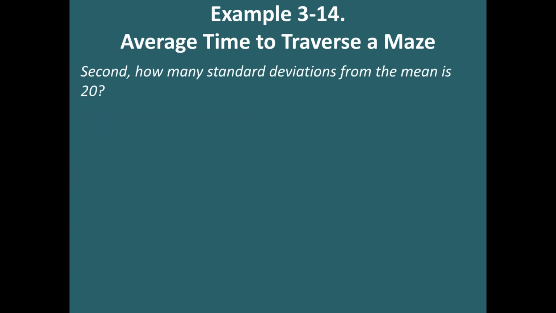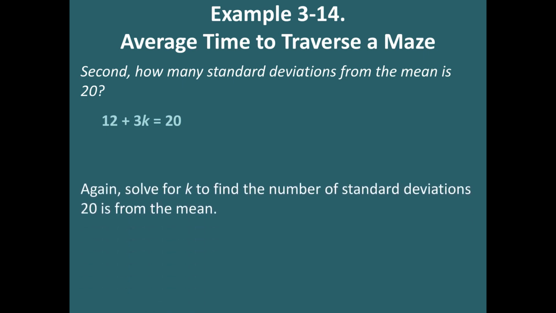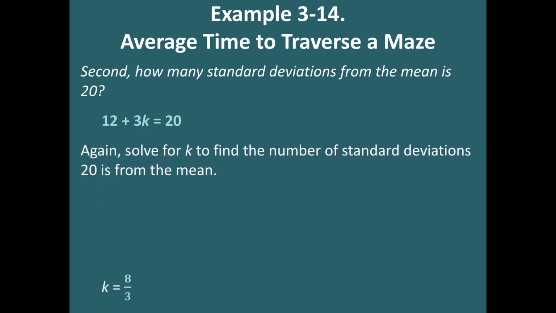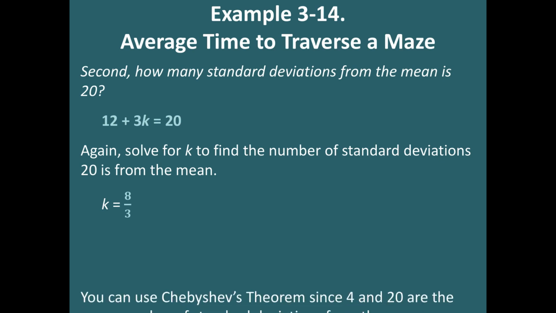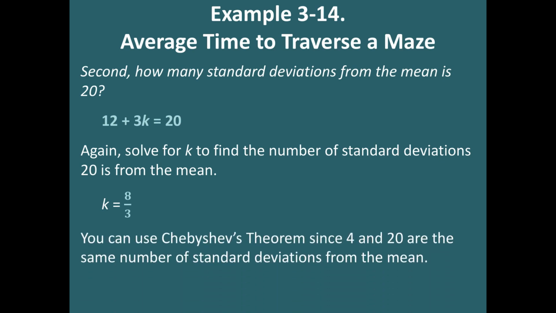Also, how many standard deviations from the mean is 20? Again, in other words, 12 plus 3k this time equals 20. Once again, solving for k, we get 8 over 3. And now we can go ahead and use Chebyshev's.